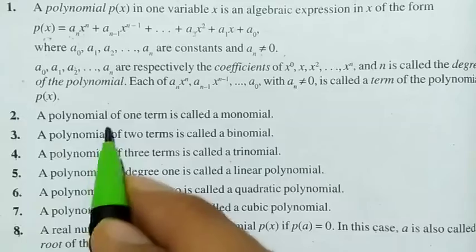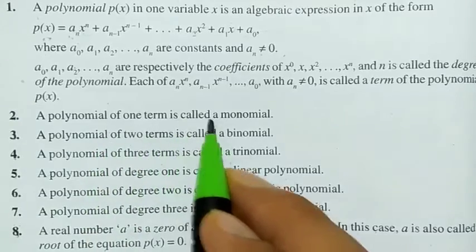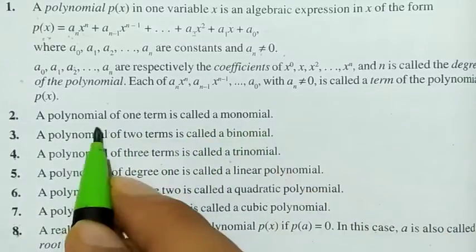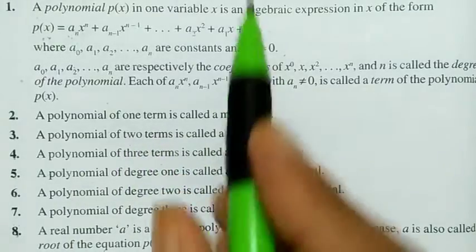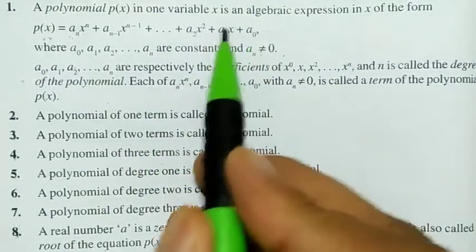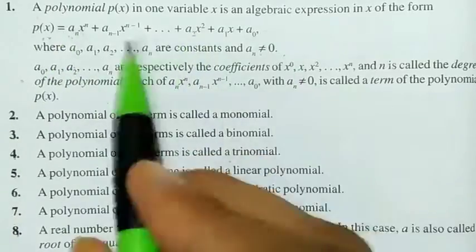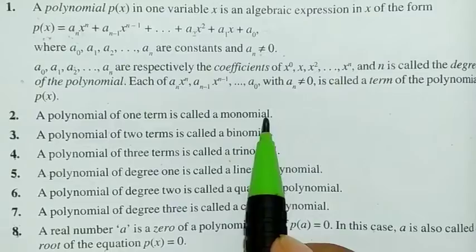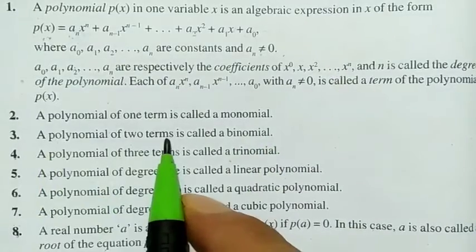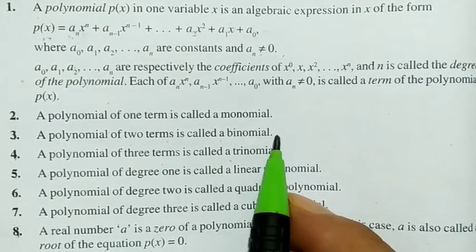This is polynomial p(x), meaning in variable x. Second point: a polynomial of one term is called a monomial. If only one term is there, that can be any term, either this term or this term, any term. But if only one term, this is called a monomial. A polynomial of two terms is called a binomial.